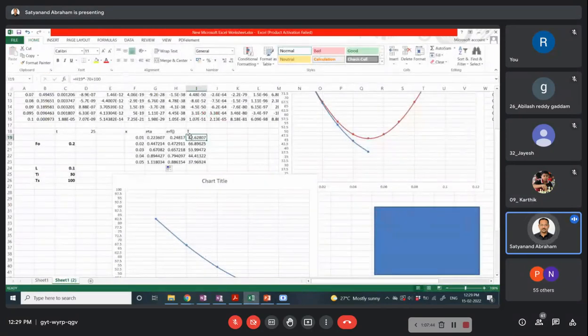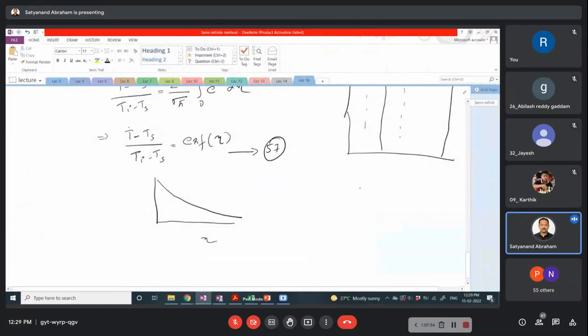So here we can see that therefore I can write T is equal to error function into (Ti minus Ts) plus Ts, right?